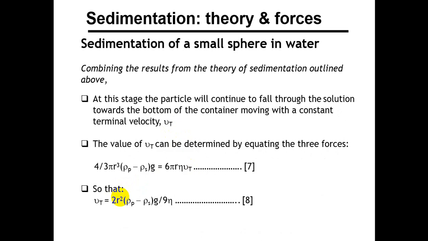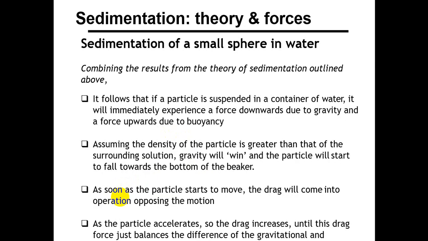So when the viscous drag balances the difference, as the object is moving through the liquid, the buoyancy will try to prevent it from sinking. But if it's not able to succeed, then the viscosity of the medium will also come to prevent the same object from settling at the bottom of the container.